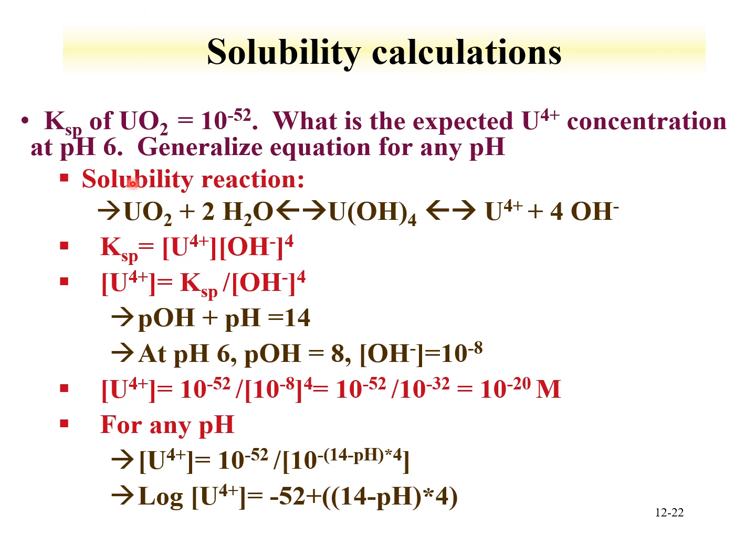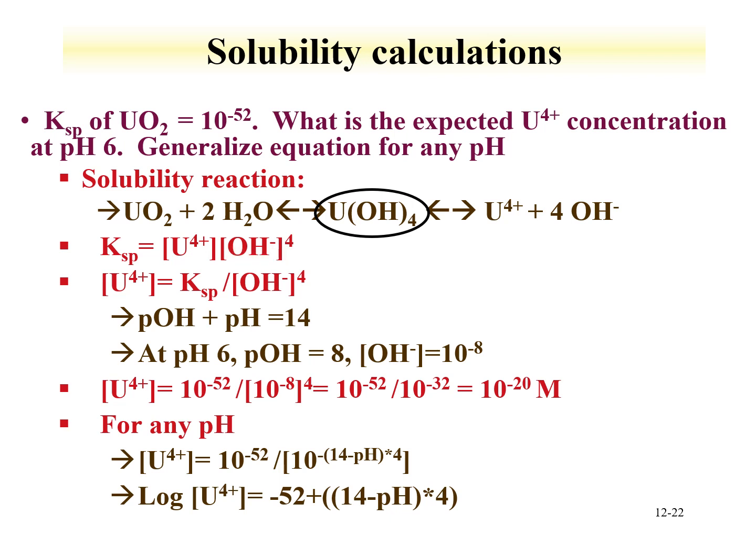The solubility reaction listed here, where I have the uranium dioxide, water gets added to it, I make this species, the uranium OH4. That then dissolves into the tetravalent uranium species and 4 hydroxides. The KSP is just the product of the uranium and the hydroxide raised to the 4th.